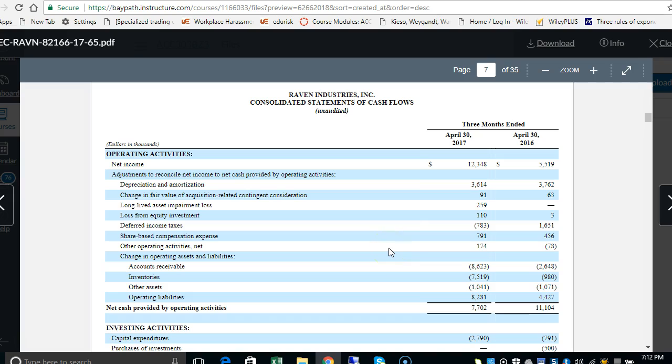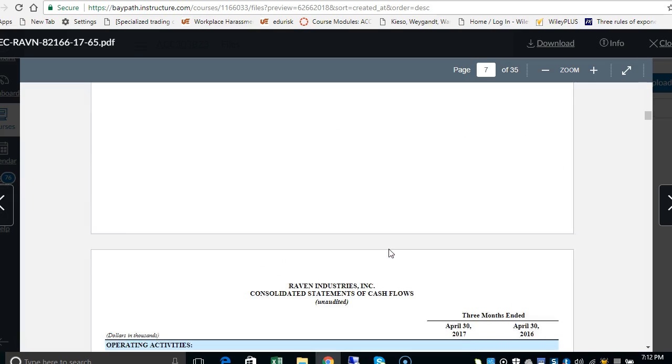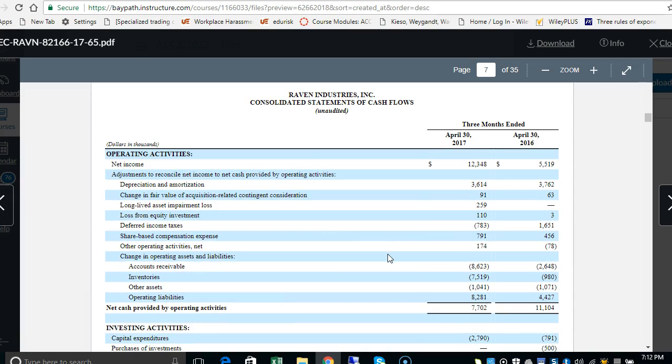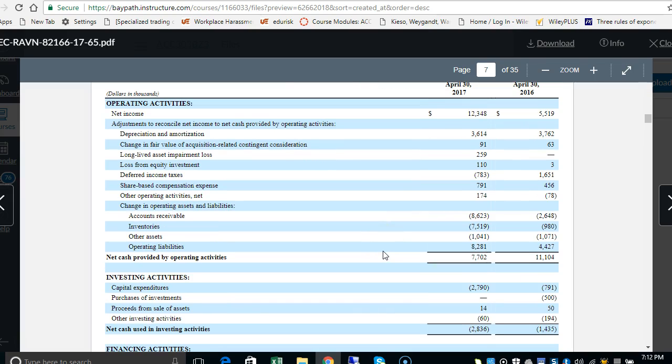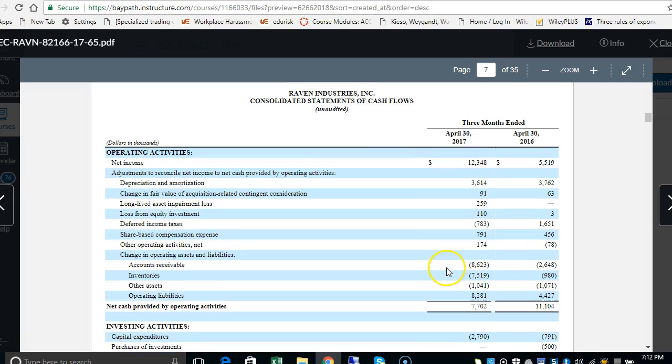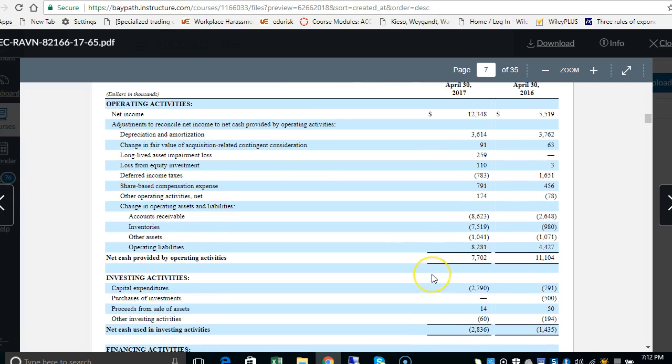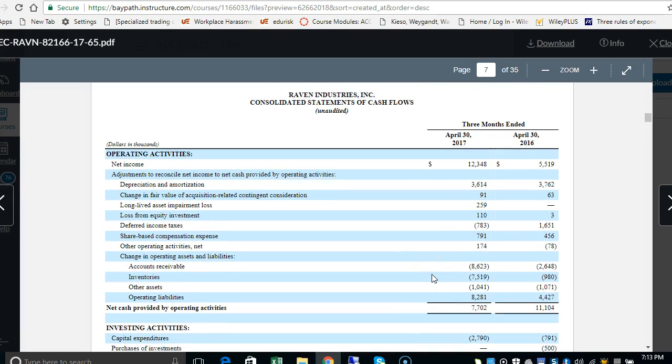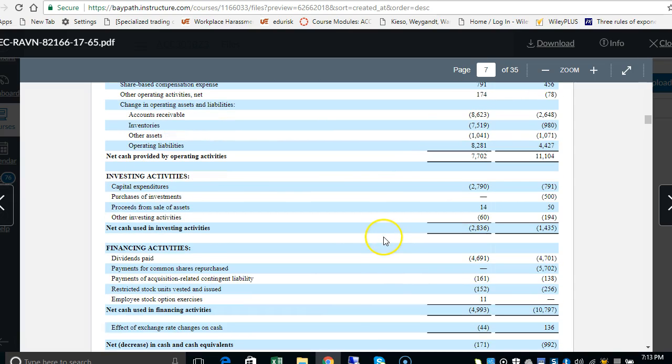The statement of cash flows then follows the equity section. It shows us how the company generated cash and what it did with that cash. In this case, net cash provided by operating activities was $7.7 billion, starting with net income and the adjustments to net income.